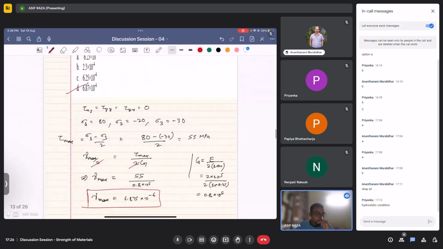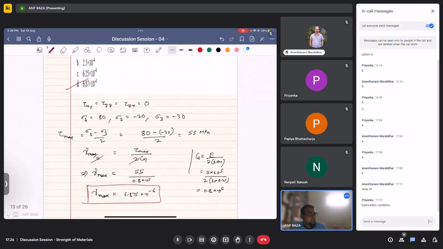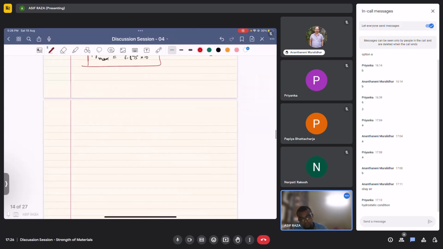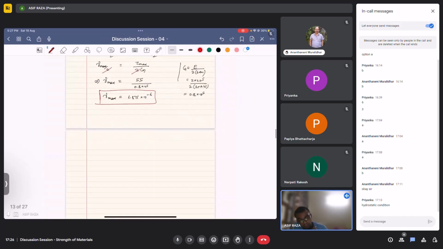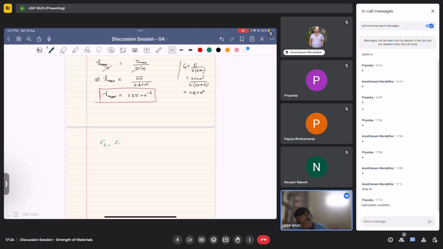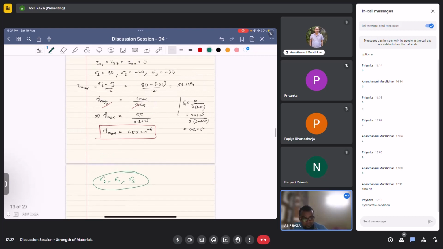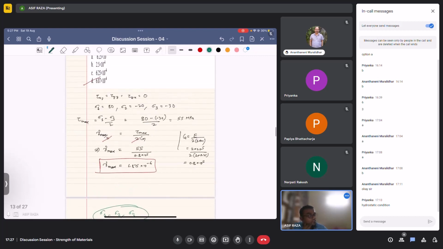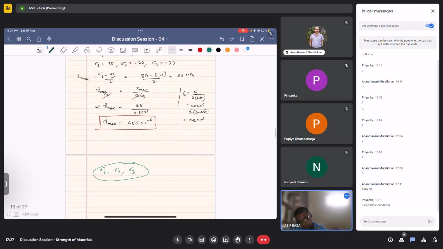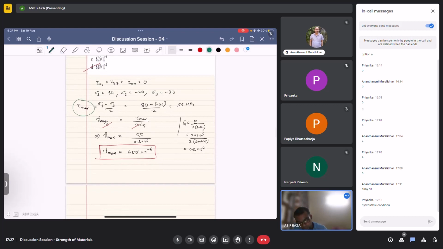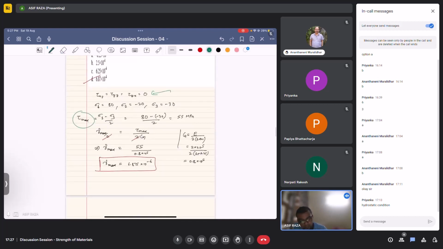Normally, the normal approach is what Priyanka was saying: first we need to find sigma 1, sigma 2, and sigma 3. If tau xy, tau yz, tau zx were not 0, we cannot use this formula directly.